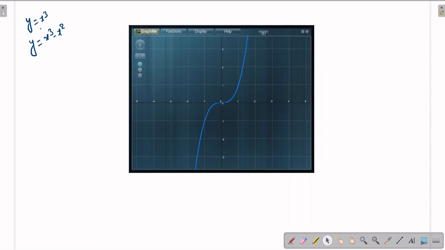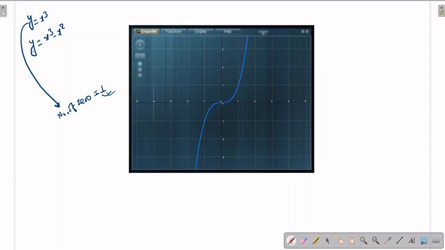Since you have just now studied that a cubic polynomial can have a maximum of 3 zeros, but it can also have less than 3 zeros. For this case, the number of zeros is equal to 1, because the graph is intersecting the x-axis at only one point. Why is this happening? Because the other two roots are also overlapping or coinciding at the same point. That's why it has only one root.